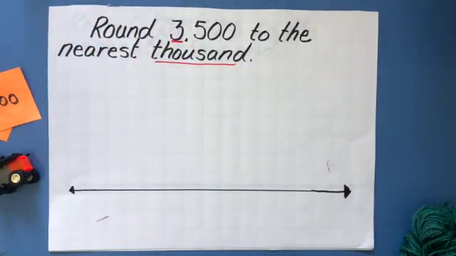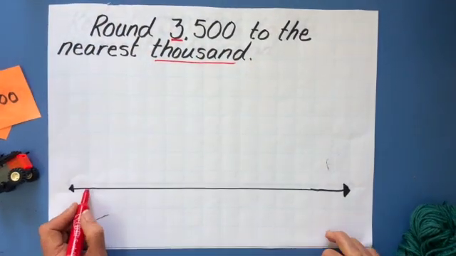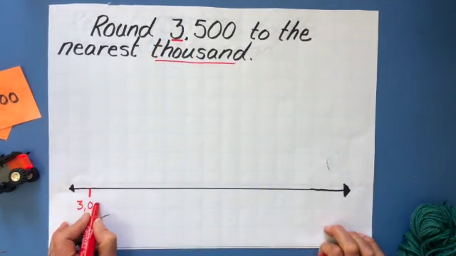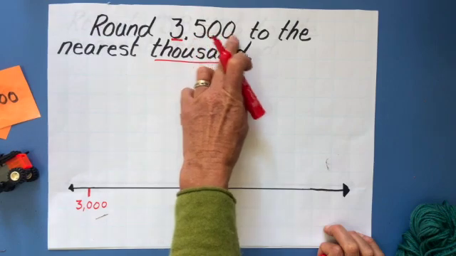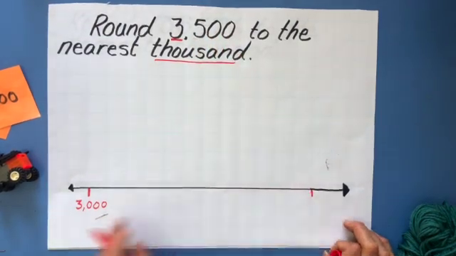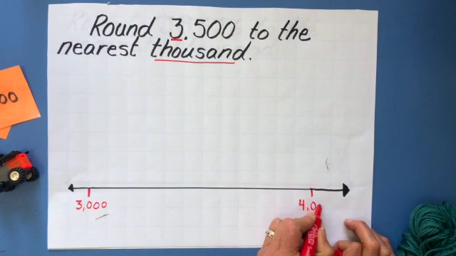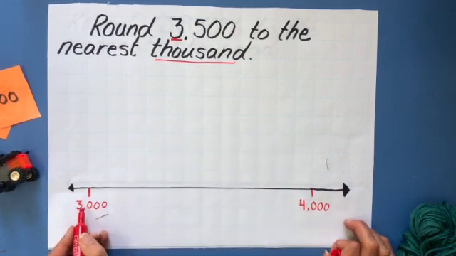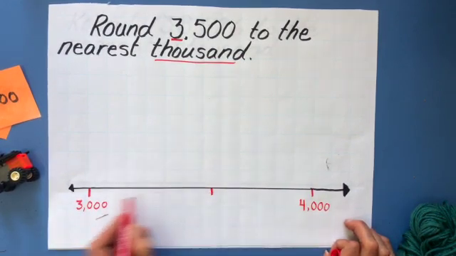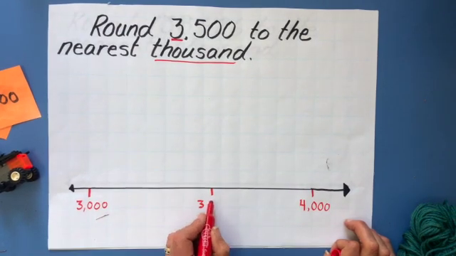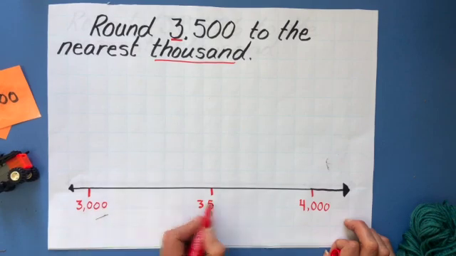Now let me do that on the number line itself. Remember, I would find the 3 and put 3,000 because all the other digits will become 0. Then I do one more than that digit, so it's a 4, and then I add the 3 zeros. Then I go to the halfway point and I keep the 3, but the next digit right here is going to become a 5, and all the rest remain 0.